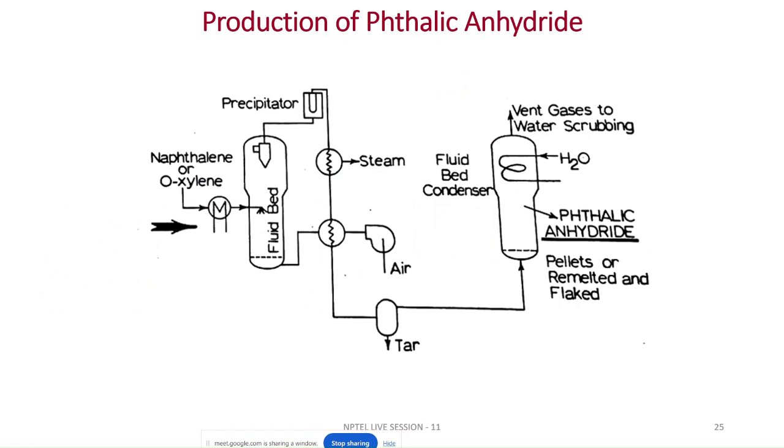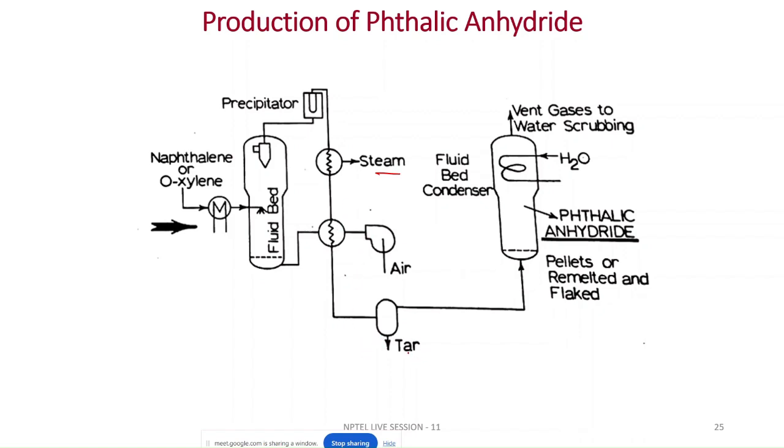So you can see that naphthalene or orthoxylene is being fed, and it is melted before feeding. There is a fluidized bed at the top. It is sent to dust cleaning, and then steam.